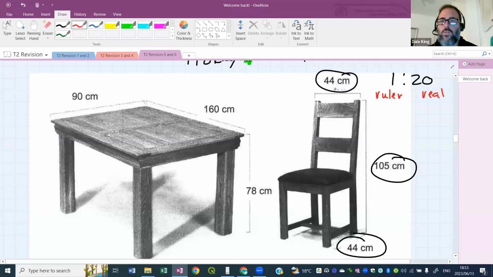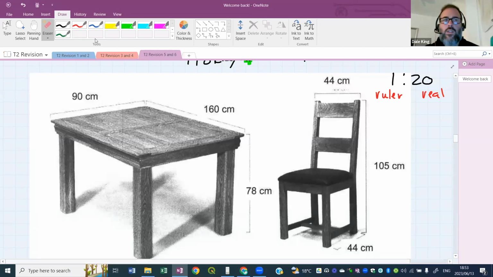If I look at the first one, which is 44, how many centimeters should that be? How many 20s are there in 44? Because each 20 centimeters in the real world represents 1 centimeter on my ruler. So how many 20 centimeters in the real world measurement of 44 do I have? What calculation will I do there?